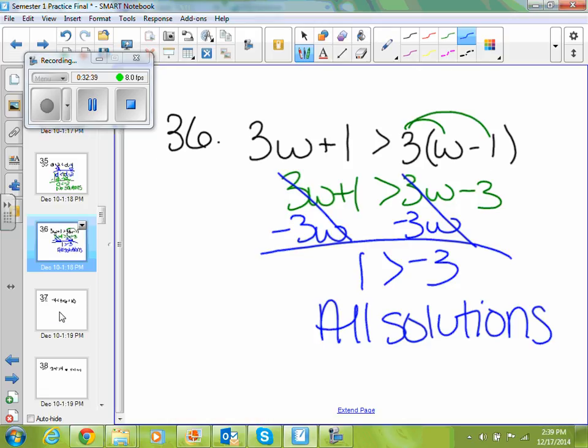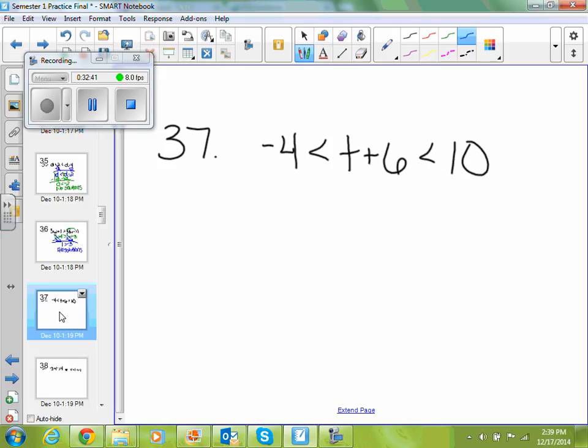Alright, 37, we're finally into compound inequalities. A compound inequality is where you have 2 inequalities in your problem. And when that happens, you only look at the middle part. So if I'm going to solve that, how do I get rid of this plus 6? Subtract 6. Where do I subtract 6? Everywhere.